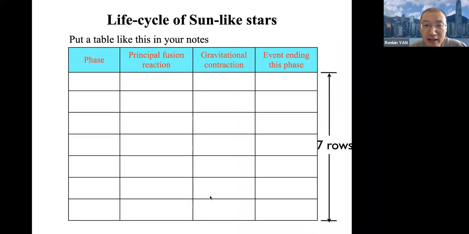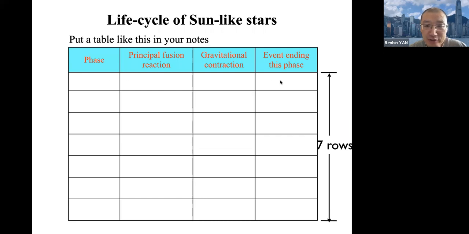We will track the life cycle of sun-like stars using such a table. We go through many different stages in the evolution process, and there are different phases.